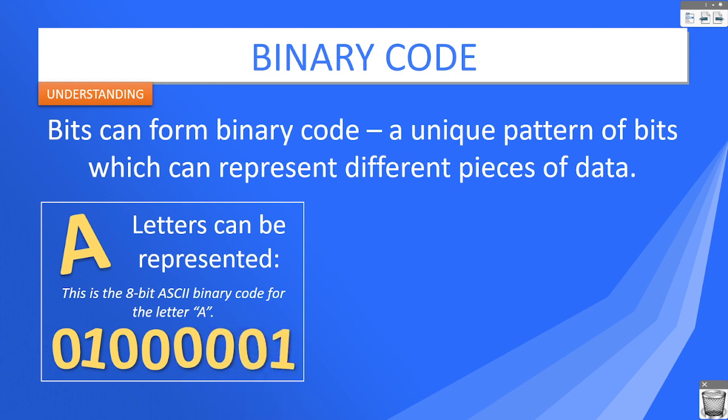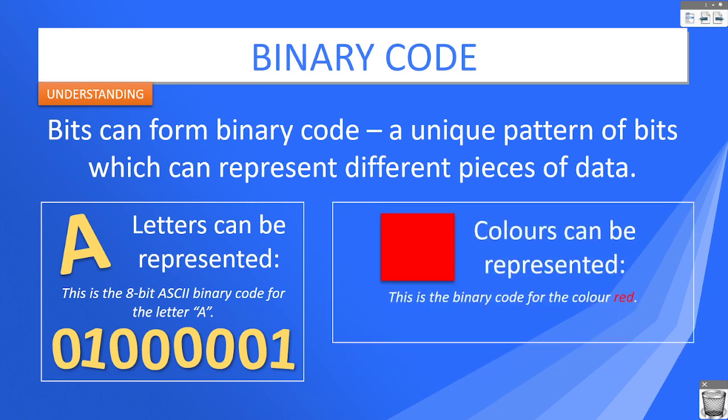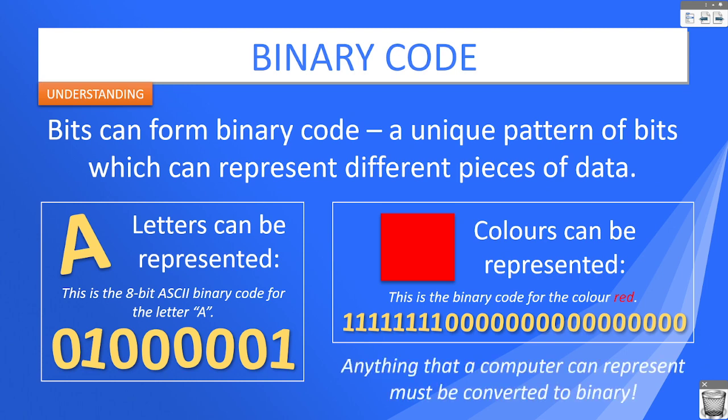We can also represent colours as well. For example, the colour red would have a series of 3 sets of 8-bit binary numbers, and in this case you can see that here. Basically, anything that a computer can represent must be converted to binary.